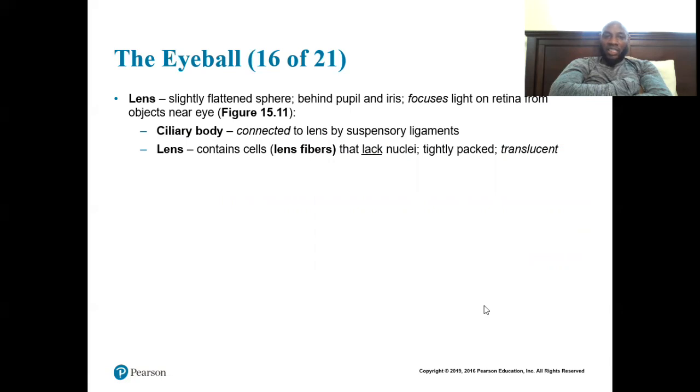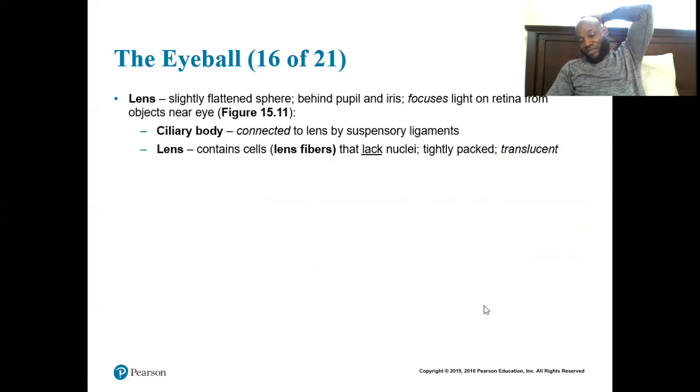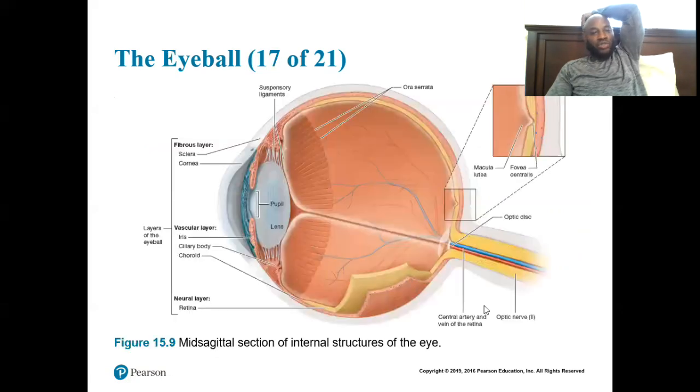The lens contains cells, lens fibers, that lack nuclei, are tightly packed, and are translucent. Light can pass through them. Cells that lack nuclei means they're not going through any type of mitosis. And that's the structure of your eye.